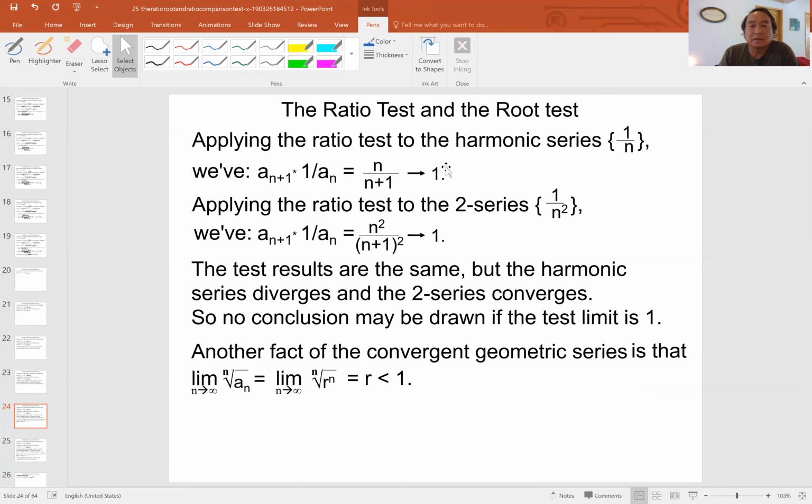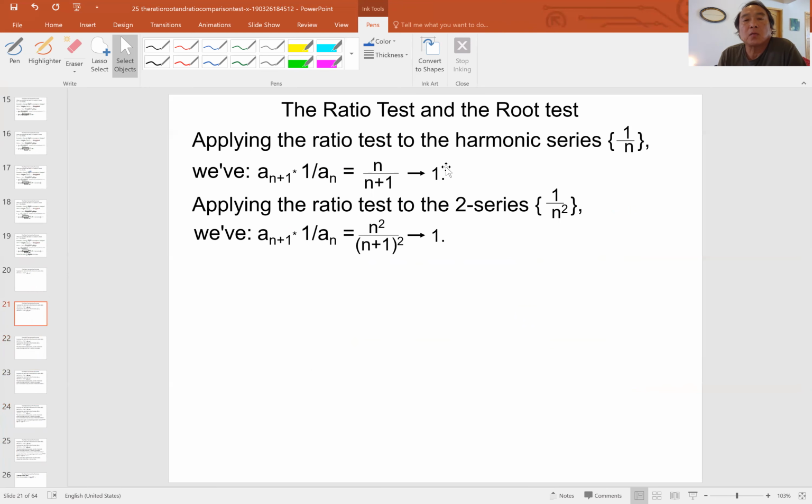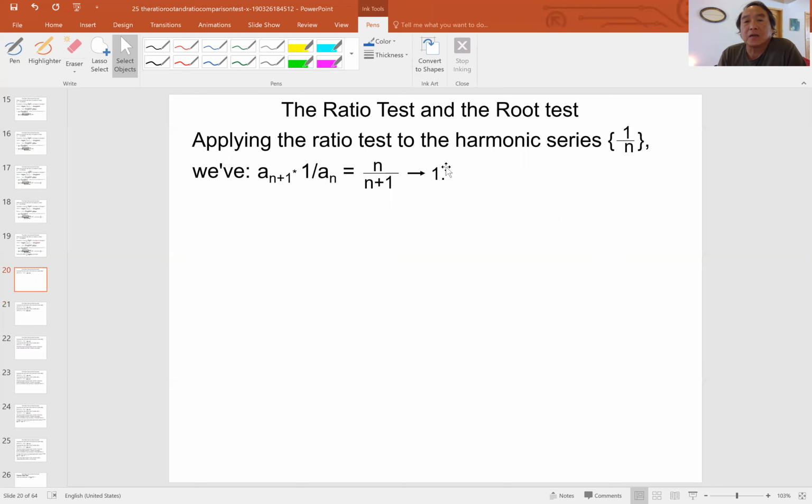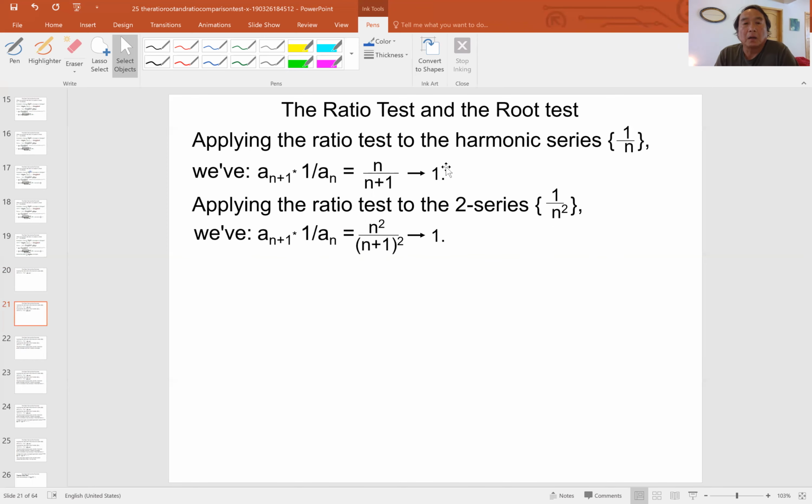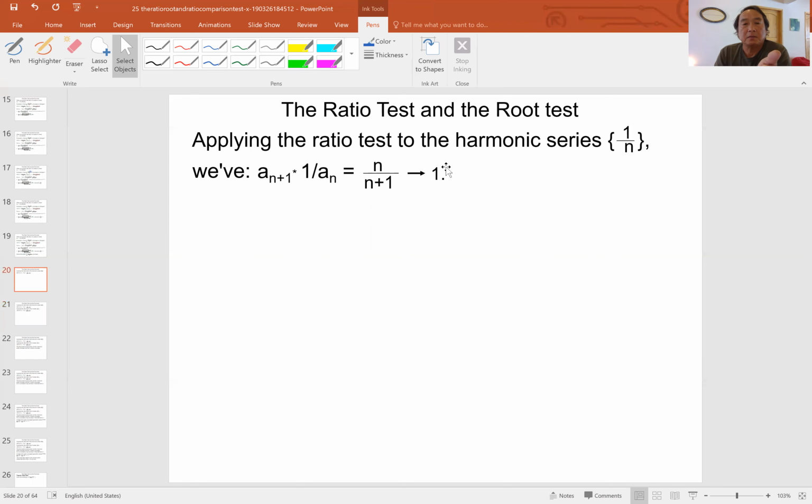And a word about what happens when you use the ratio test and you wind up with the ratio equal to 1. Then the test itself fails; we couldn't identify. For example, the harmonic series, the ratio is 1.